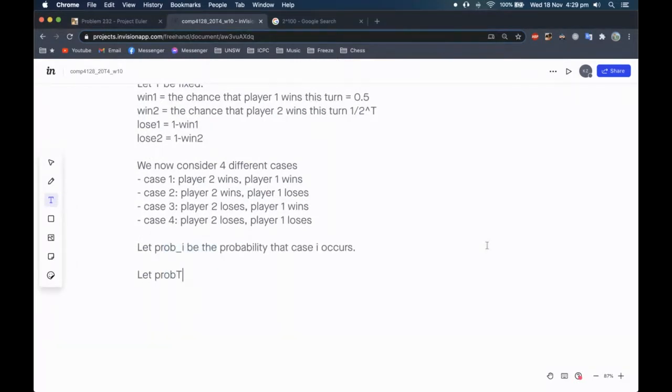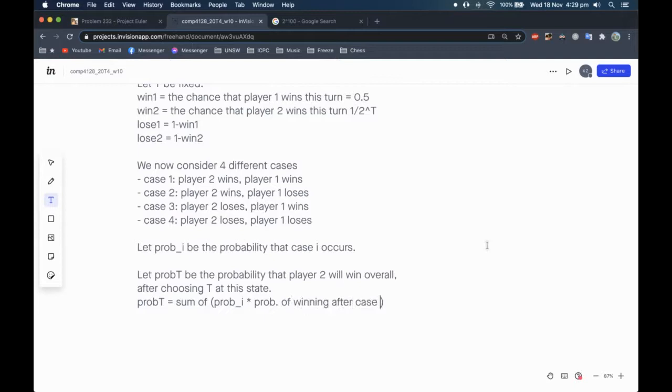Let prob t be the probability that player 2 will win overall after choosing t at this state. Right, and so we'll get the formula that prob t just equals the sum of prob i times the probability of winning after case i occurs.